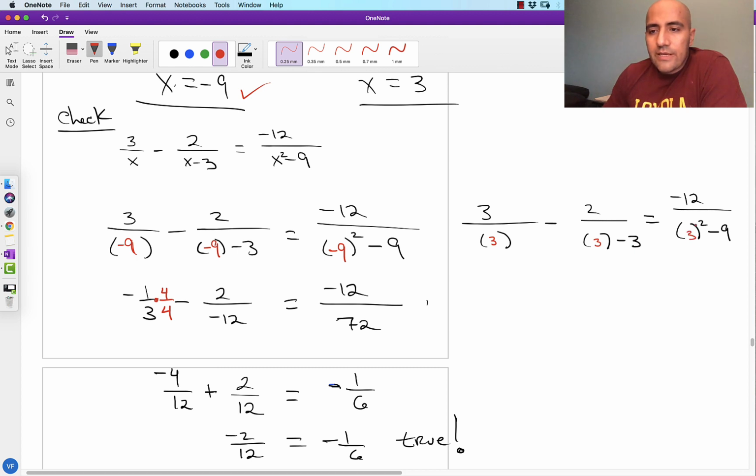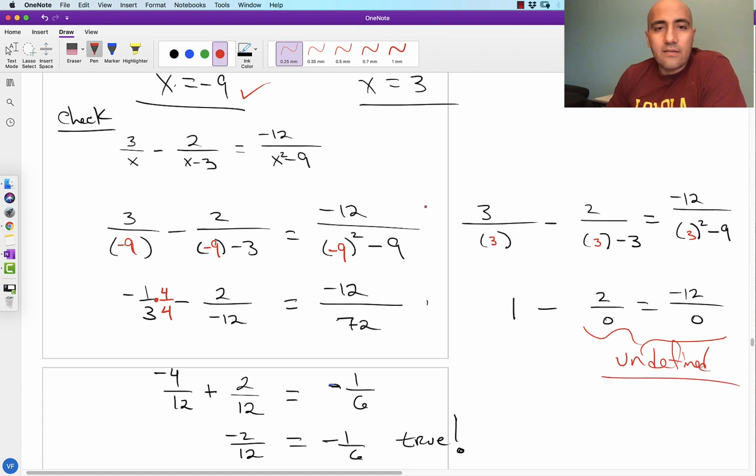Here we're going to have a 3 that's going to reduce to 0. And both of these cause a problem because we're going to end up with a 0 in the denominator. Right? So these guys reduce to 1 minus 2 over 0 is equal to negative 12 over 0. And remember that that means that these are undefined. Undefined, right? So it's not valid. That means that this is not a valid solution. So the only solution here is x equals negative 9.